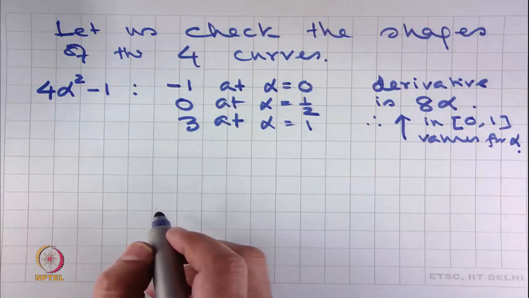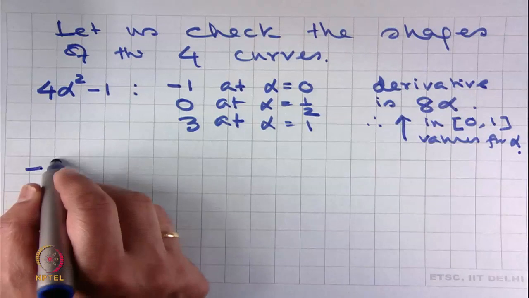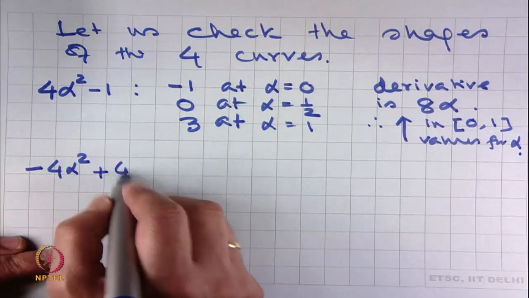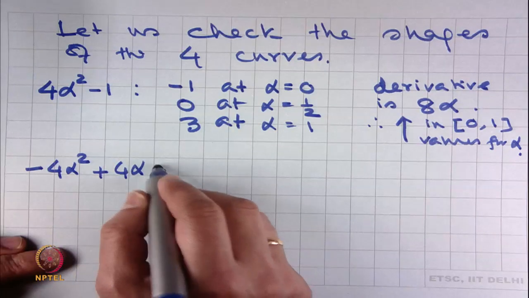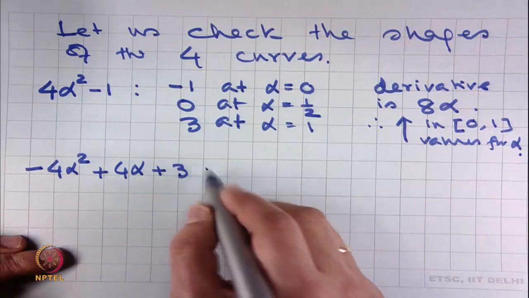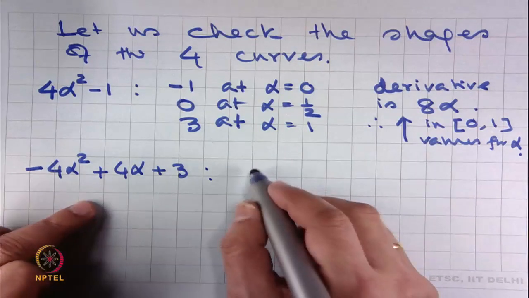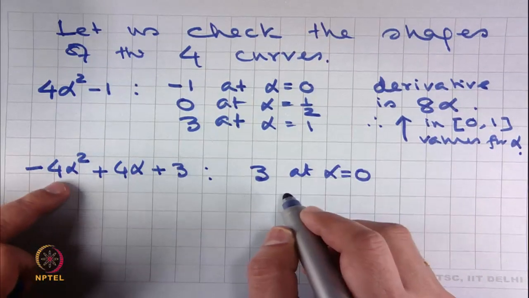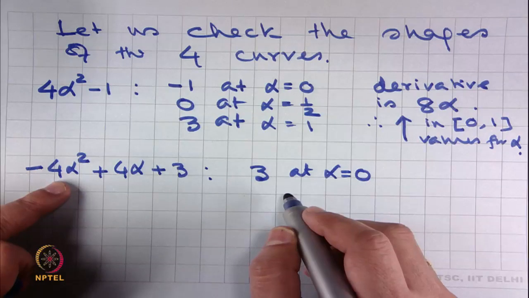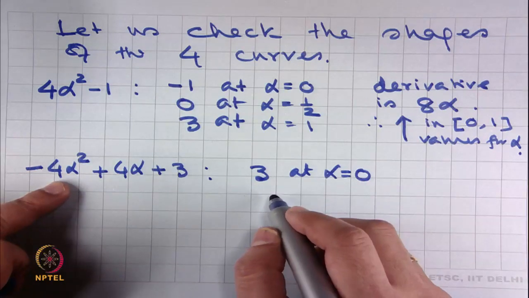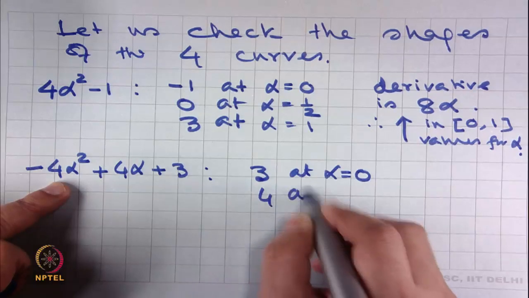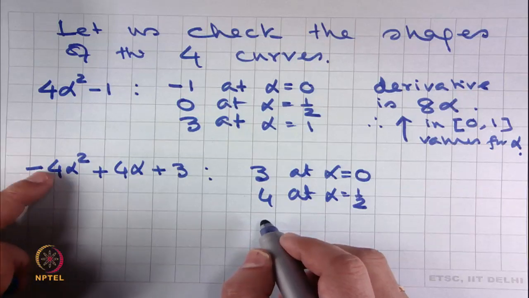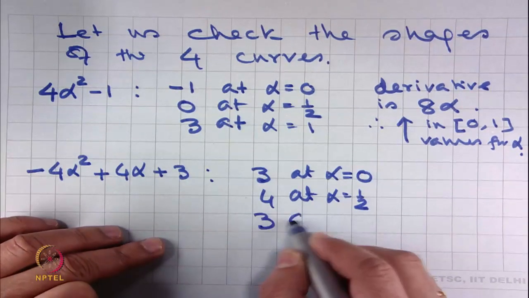The next equation is minus 4 alpha square plus 4 alpha plus 3. At alpha is equal to 0, it is 3. At alpha is equal to half, it is 4. And at alpha is equal to 1, it is 3 again.